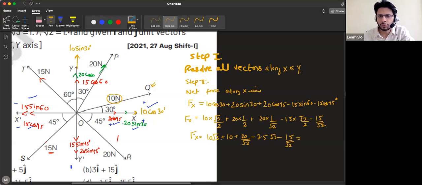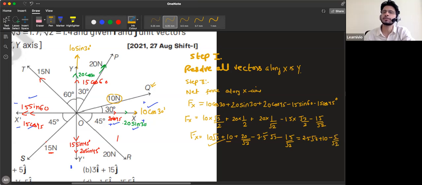So see, this 10 root 3 and this 7.5 root 3, when you subtract it, it will be 2.5 root 3. This 10 will remain as it is. 20 by root 2 minus 15 by root 2 is 5 by root 2.